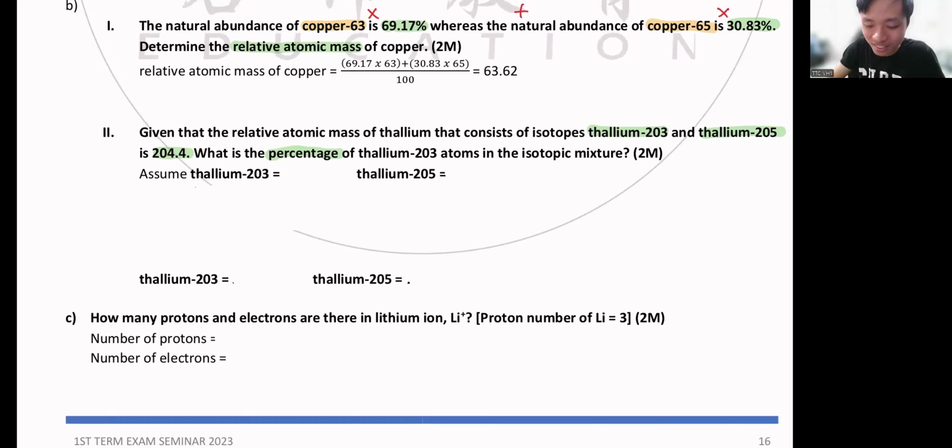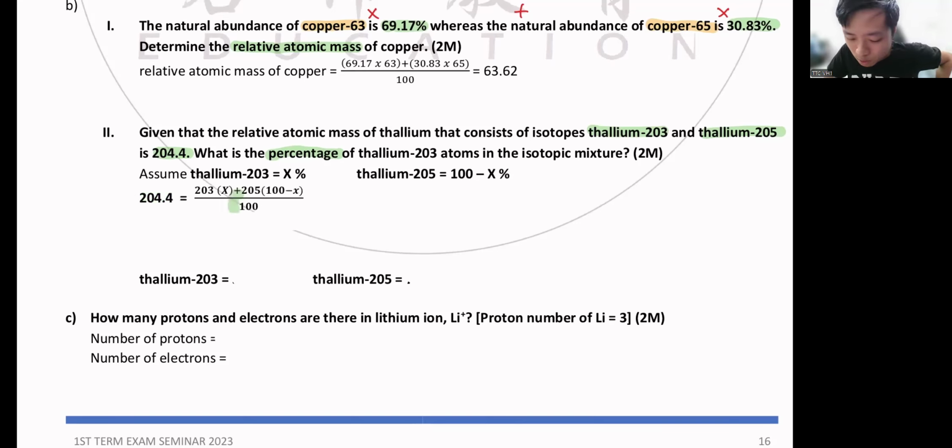What do you calculate? Okay. So assume thallium 203 is X%. You only got two isotopes, right? So you get 100 minus X, right? So 203 multiply X% plus 205 multiply 100 minus X. Okay, so do math.